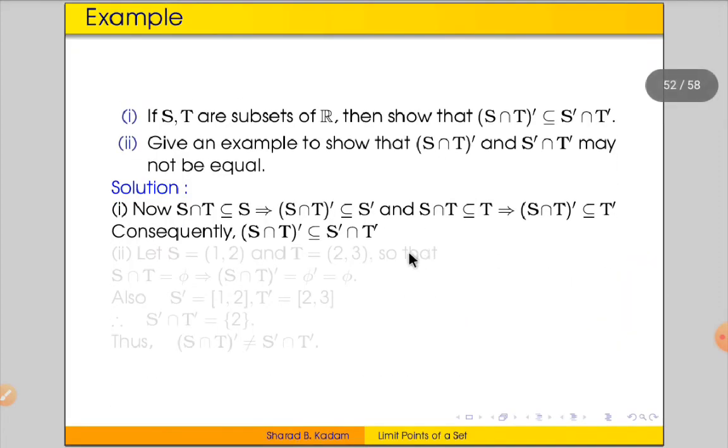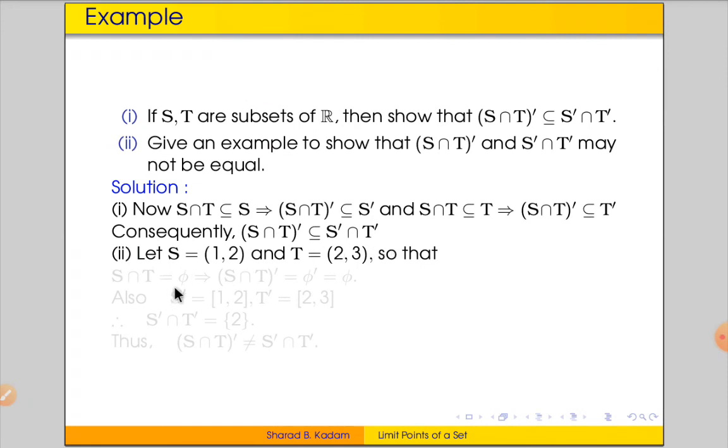So from this we conclude that S intersection T prime is subset of S prime intersection T prime. Second one, here we want to show that derived set of S intersection T and derived set of S intersection derived set of T are not equal.